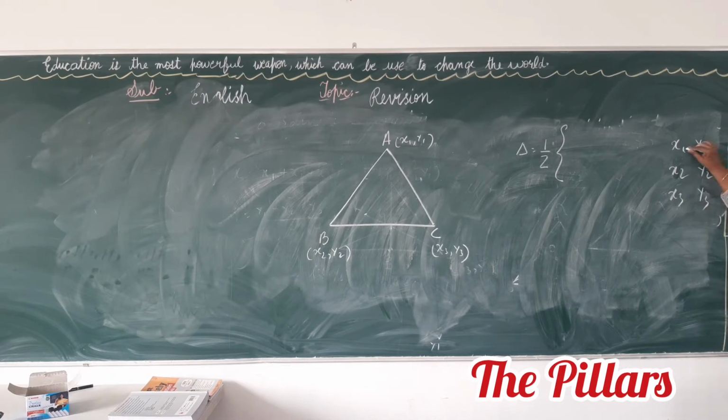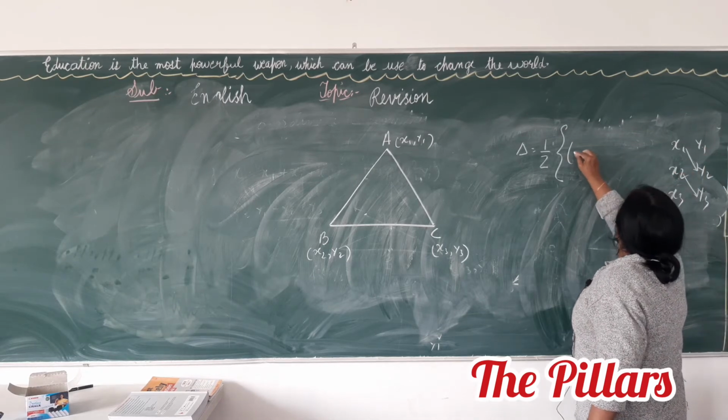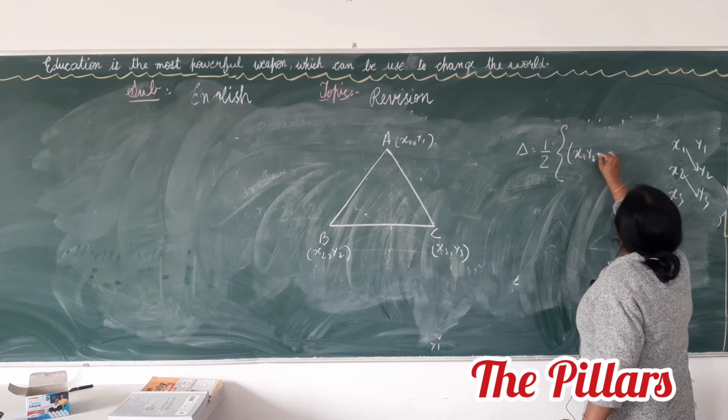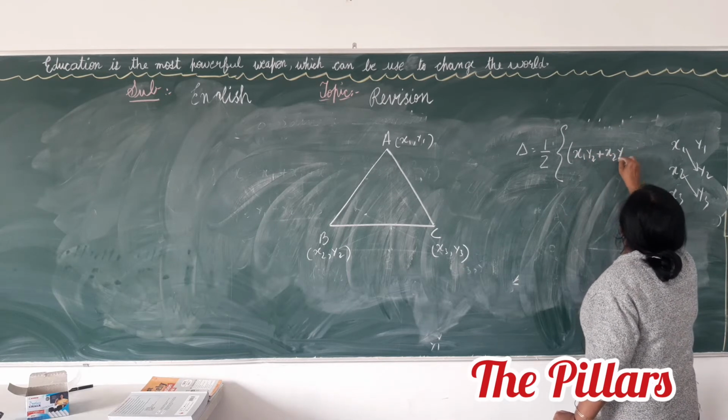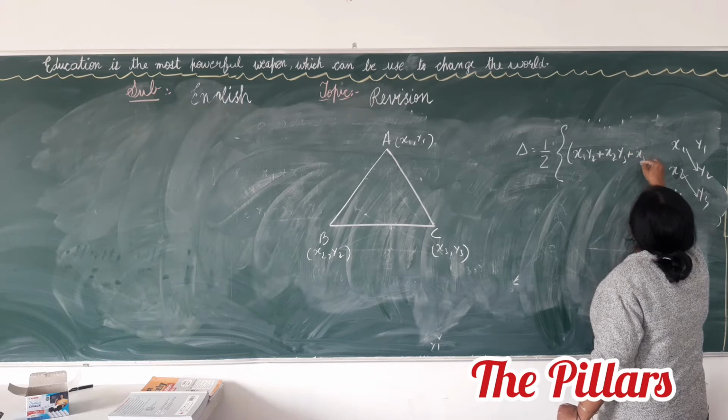Start from here. x1, y2. Okay? Start from here. x1, y2, x2, y3, and last is left what? x3, y1. See, half of x1, y2 plus x2, y3 plus x3, y1.